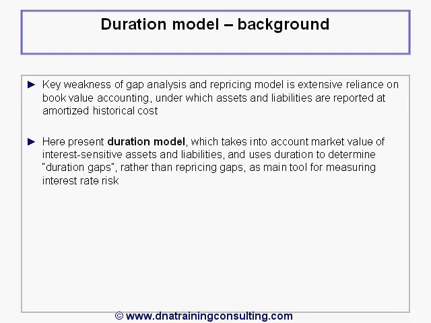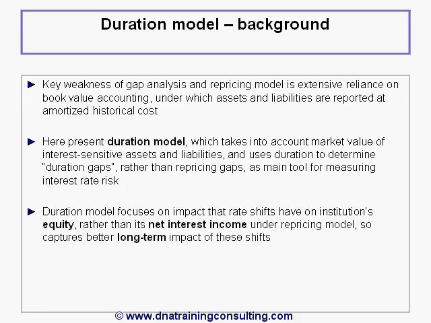This chapter presents the so-called duration model, which takes into account the market value of interest-sensitive assets and liabilities and uses the concept of duration to determine duration gaps rather than repricing gaps as the main tool for measuring interest rate risk.